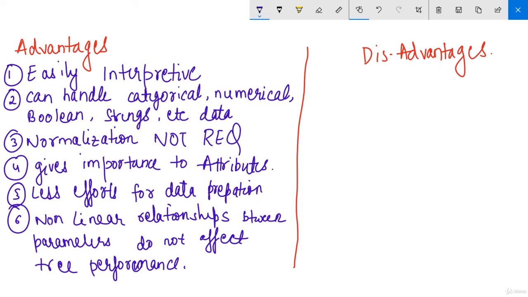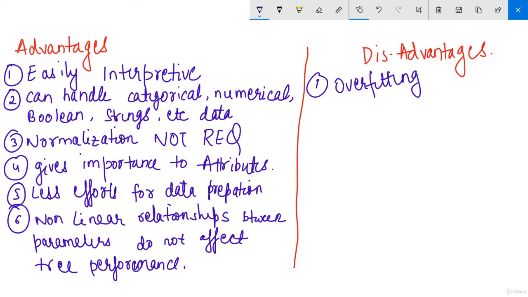So the first disadvantage is the most important one, which is overfitting. It is possible in a decision tree; whenever you are trying to make a decision tree, we will see a lot of cases where there is overfitting. And why is this happening?